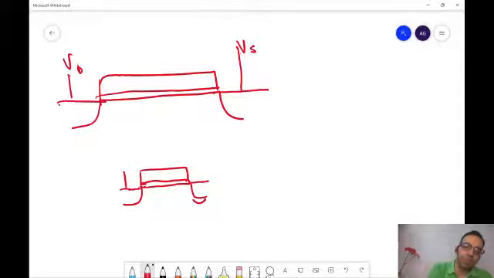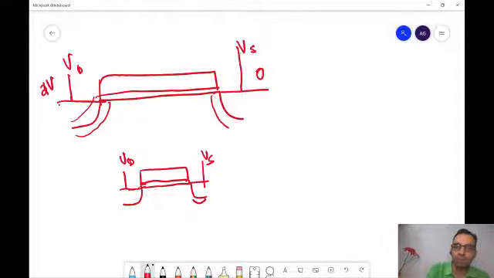Now, in a long channel device, let us say VD is 1 or 2 volts and VS is 0. There is this barrier between drain and source. There is a depletion width over here, a depletion width over here, and in between, there is a barrier. If I try to draw that barrier, it would look like this.